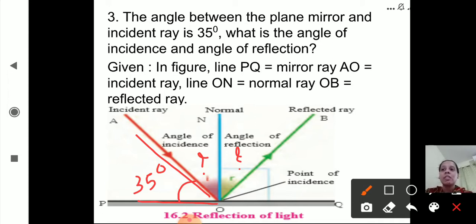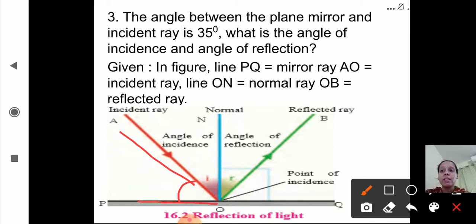So let's start now. What is given, that we will write first. In the figure, line PQ is the mirror. See, this is the mirror. Ray AO is the incident ray. As you can see here, this OA is the incident ray.